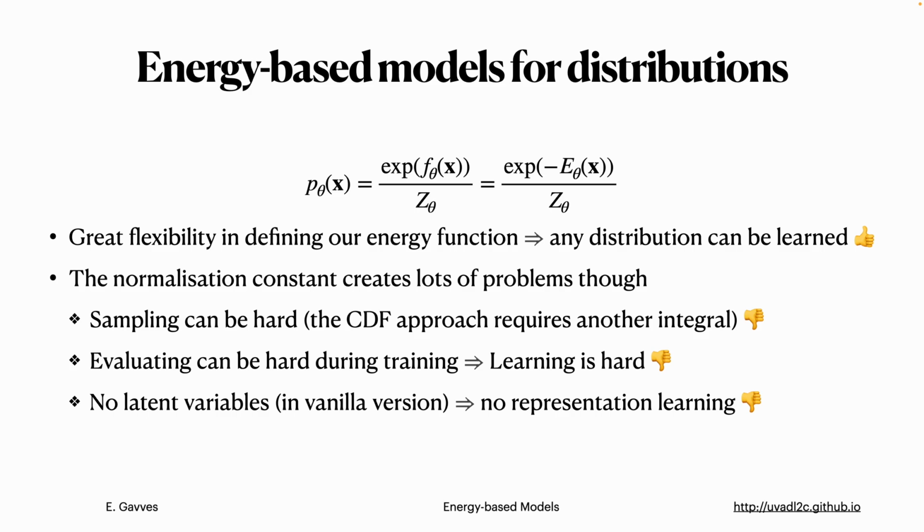So energy-based models for distributions have a great advantage: they bring us great flexibility in defining our energy function in our distribution. We have great flexibility in our model design because we can literally pick whatever we want.